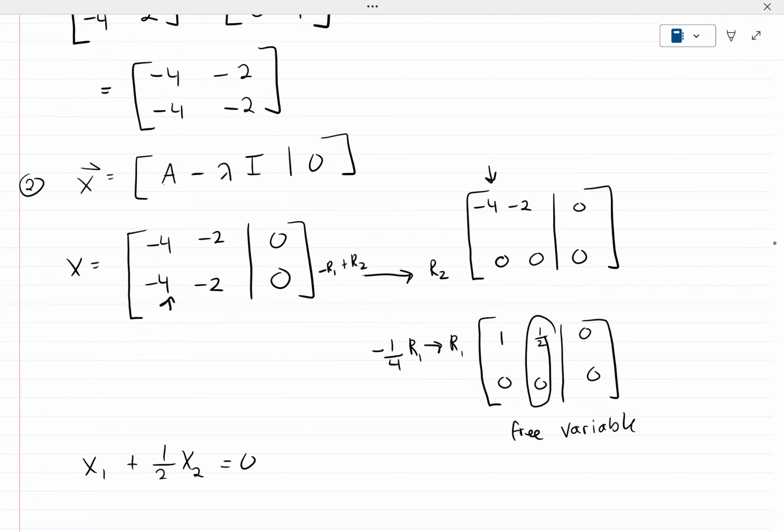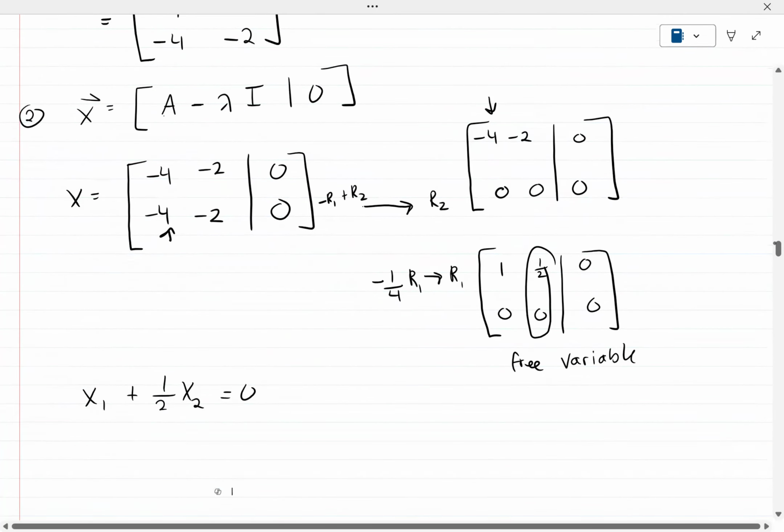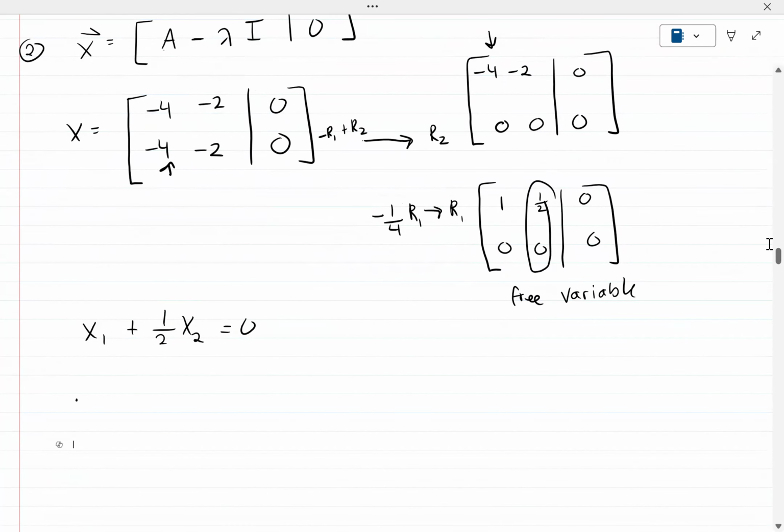And when I solve for x1, it is going to equal, so I would subtract this, so this would be negative 1/2 x subscript 2. And then when I solve for x2, x subscript 2 is equal to x subscript 2. So that gives me negative 1 and 2.